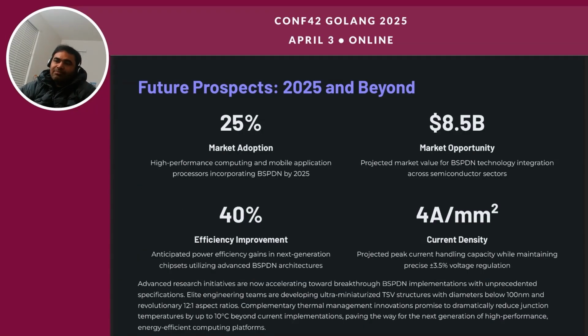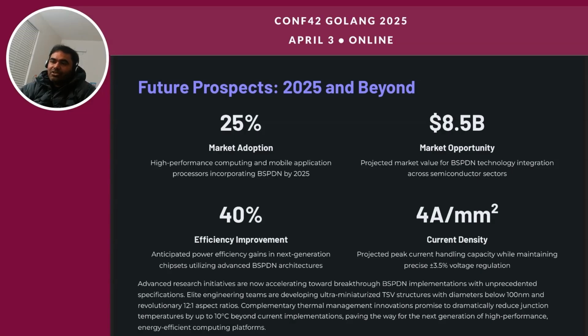So future aspects, 2025 and beyond. I said 25% market adoption in 2025, predicted for high performance computing and mobile applications, adopting backside power delivery with the latest advanced nodes.